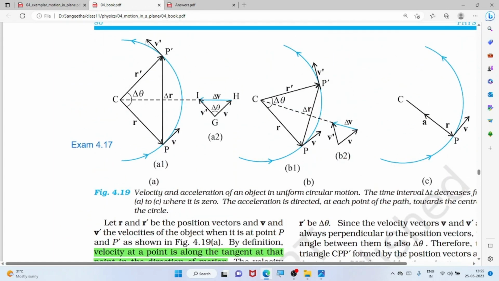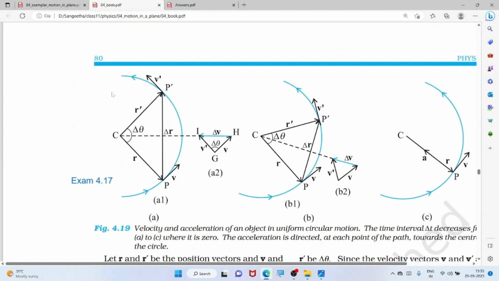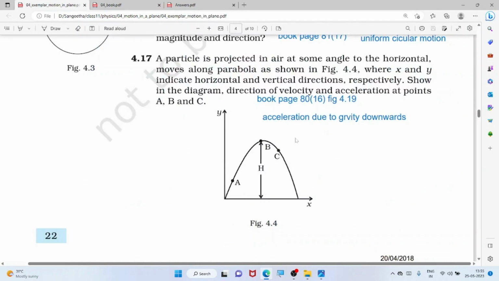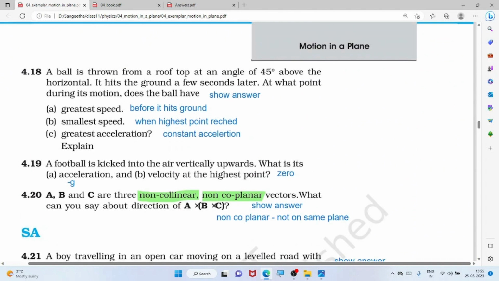See here they have given what is the direction of the velocity and acceleration of an object in the uniform circular motion. Okay, velocity is nothing but the tangent to the direction of the motion, acceleration towards the center. Acceleration due to gravity is always downwards. Okay, downwards. A ball is thrown from the roof at an angle of 45 degrees above the horizontal to hit the ground a few seconds later.